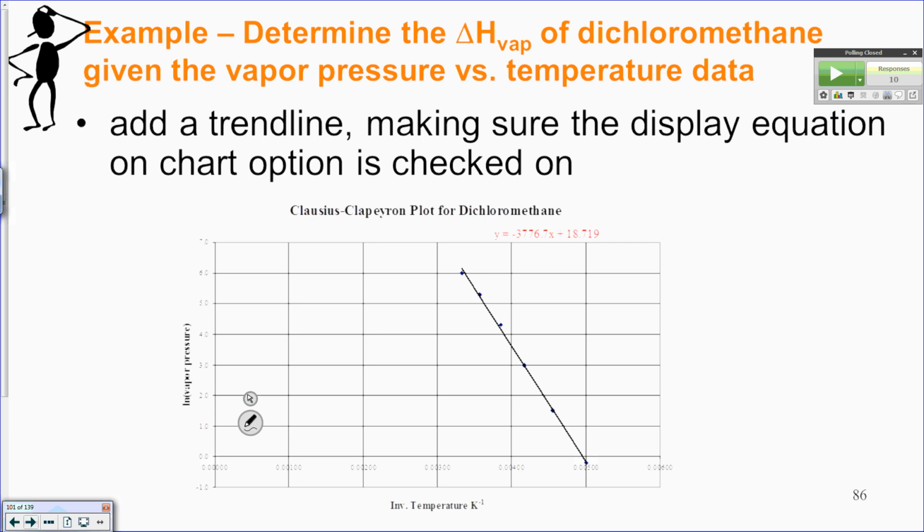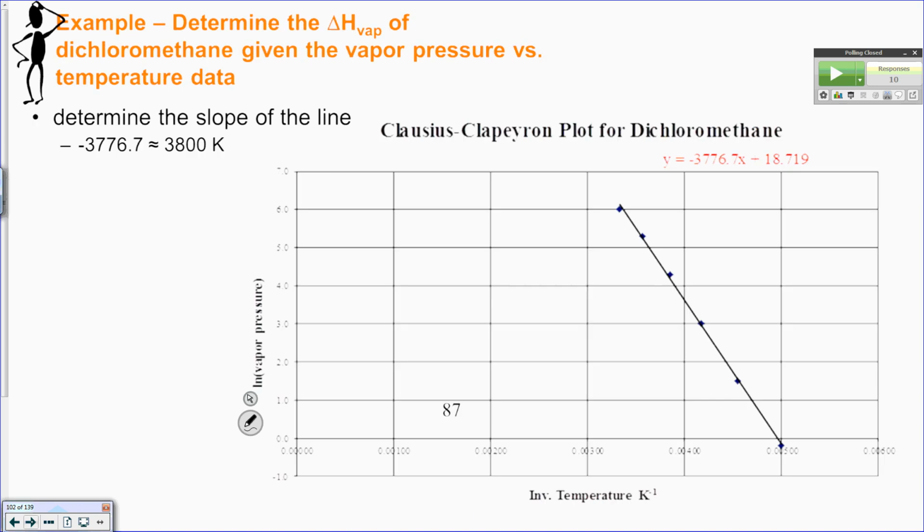I can take Excel and ask for the best curve fit between those data. It's called a least squares regression, and it tells me y is equal to negative 3,776.7 x, which represents the slope term. That's about 3,800. So now I've got the slope.